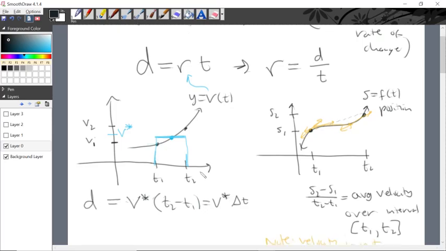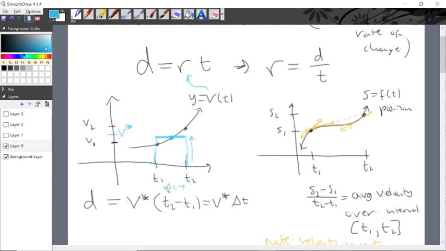Geometrically, though, what have we found here? We've multiplied velocity times time interval. Geometrically, v star is the height of this rectangle that we're looking at here, and delta t is the width of this rectangle.